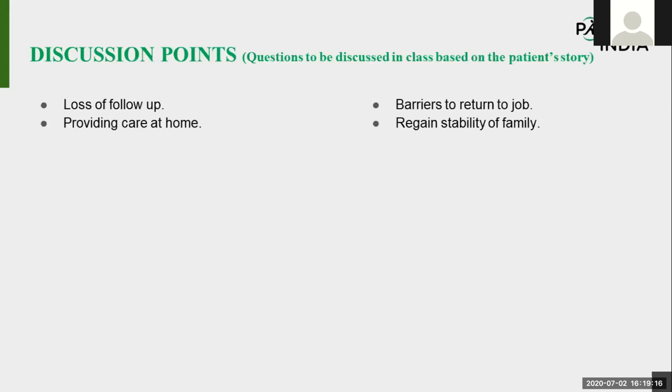Definitely home care has a big role over here. Continuing home care in terms of physiotherapy, and also she is having some other clinical morbidities for which she has to be on a regular check of medications.